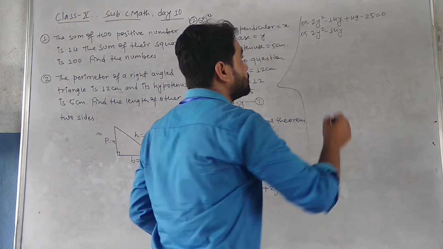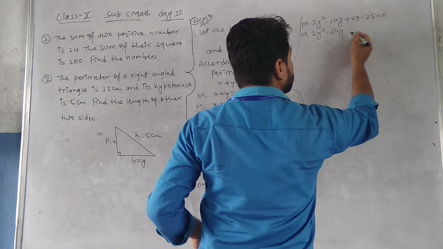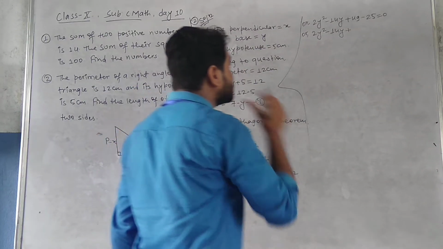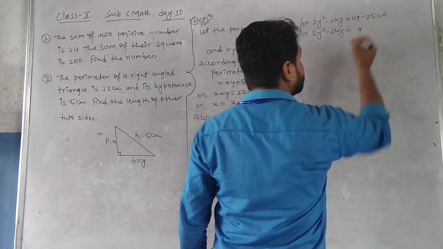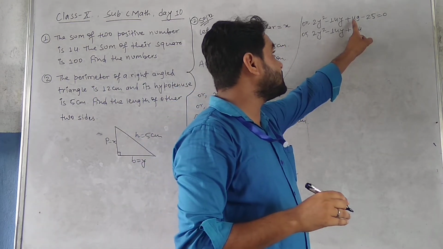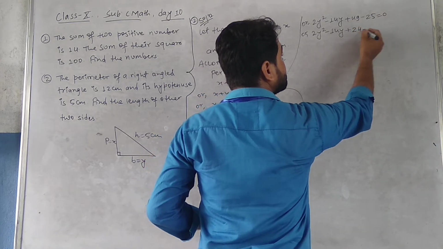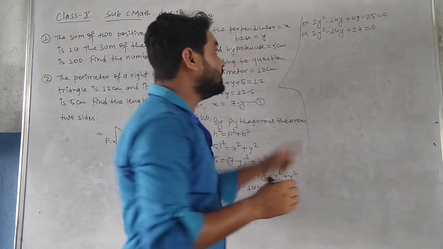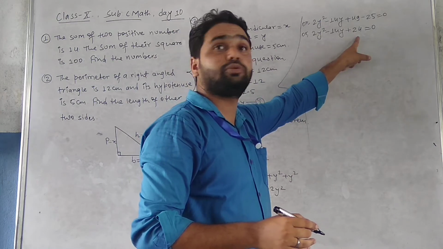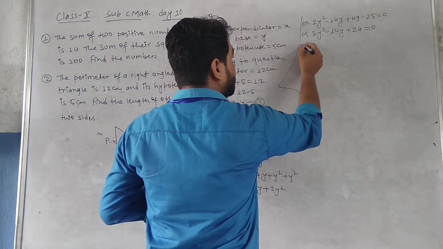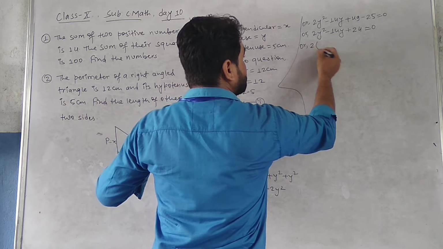Let's simplify this: 2y square minus 14y, and 49 minus 25 we get 24. Here 2, 14 and 24 are all divisible by 2, so we can take out 2 as common.